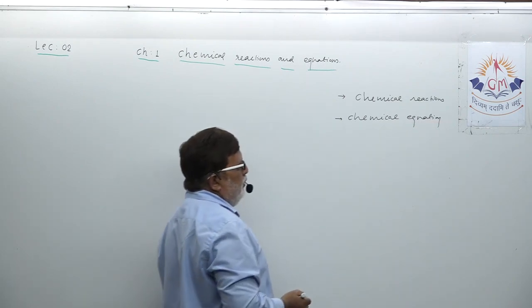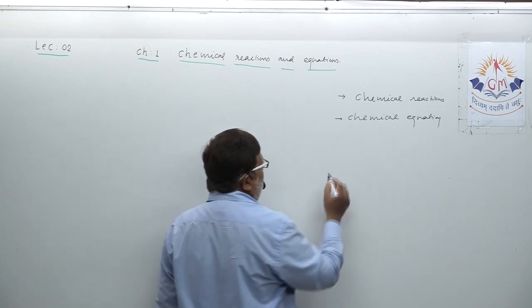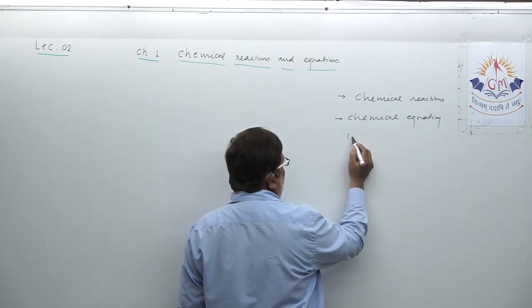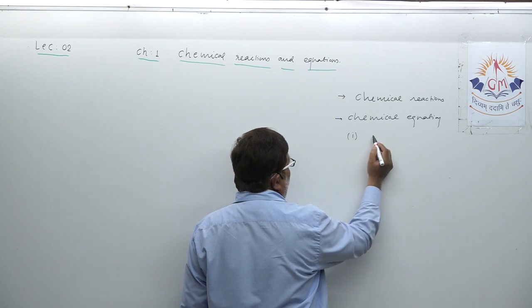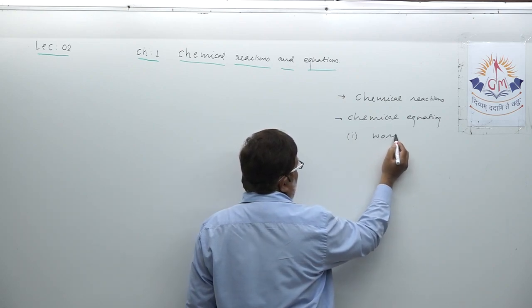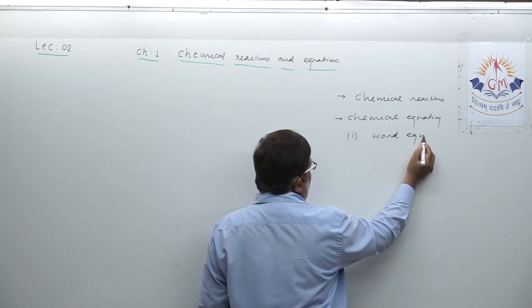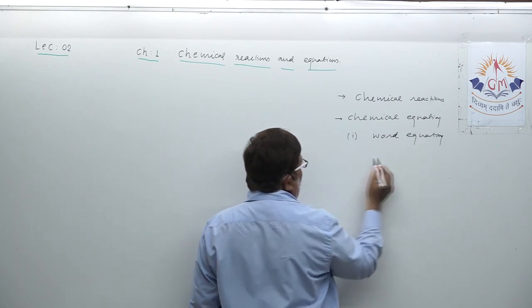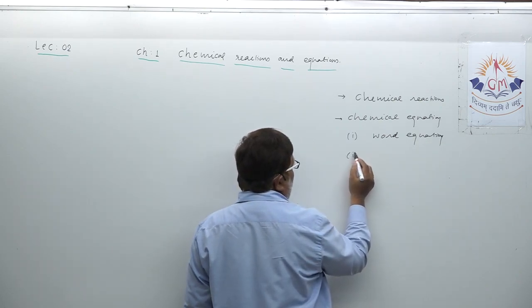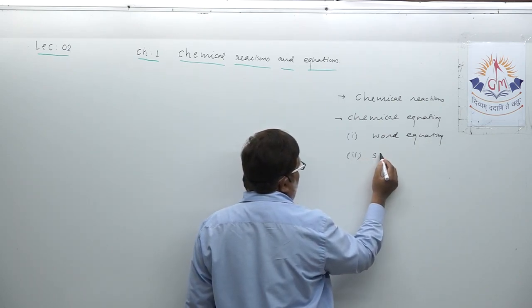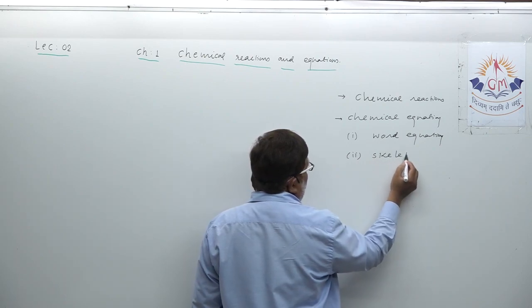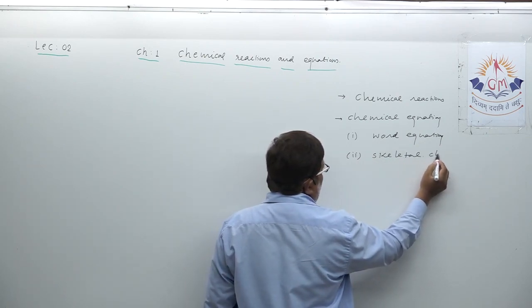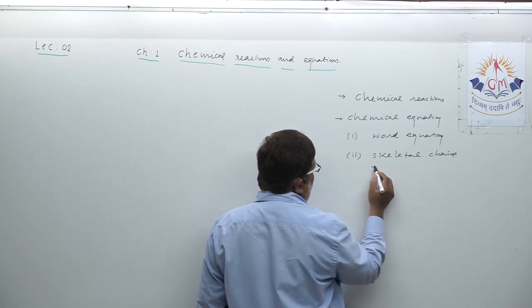In chemical equation, we are going to understand another word, that is word equation. Then we will also understand another word, that is skeletal chemical equation.